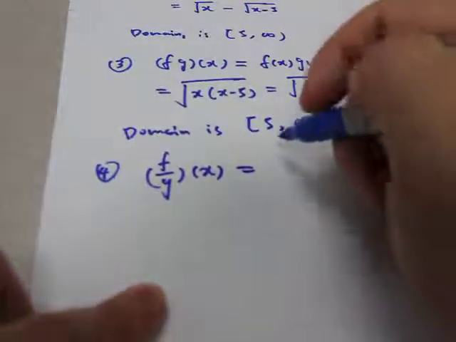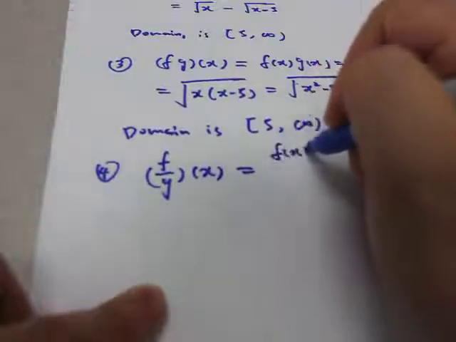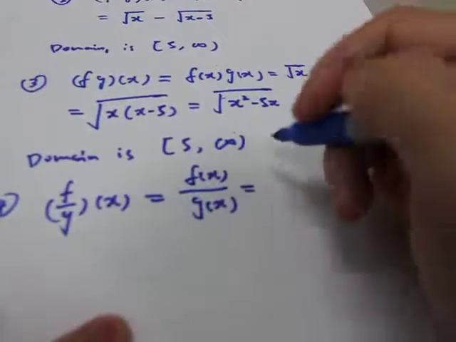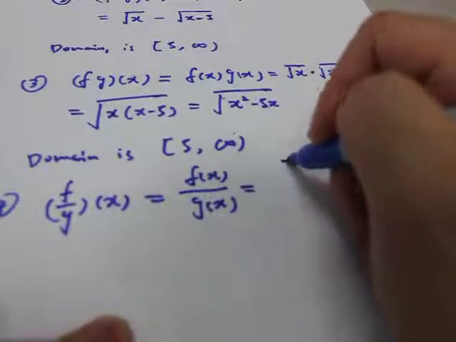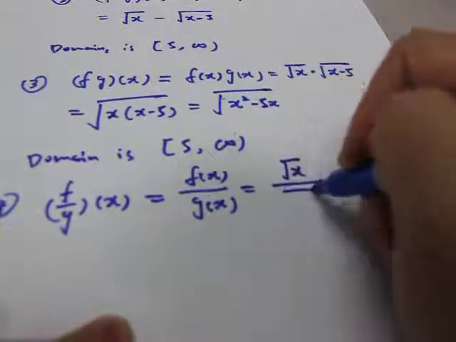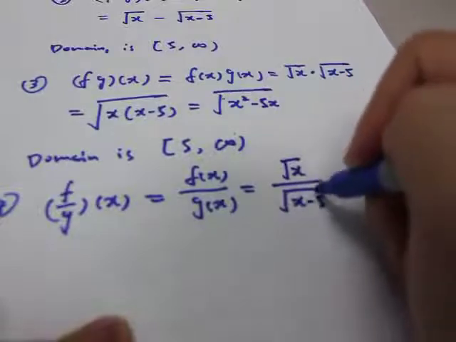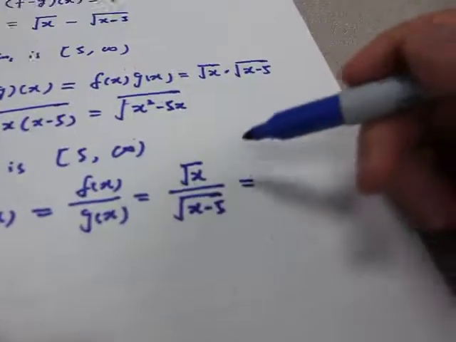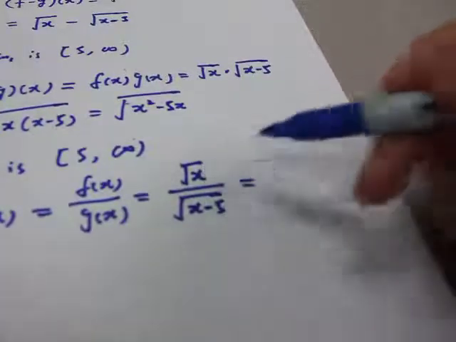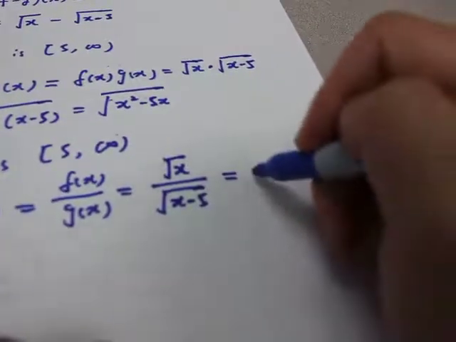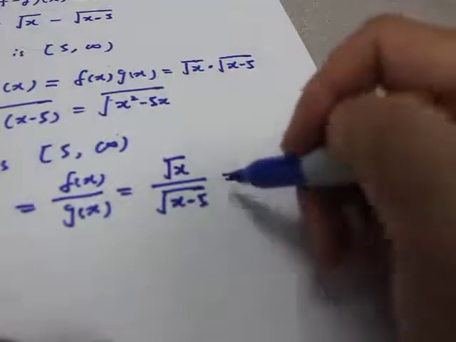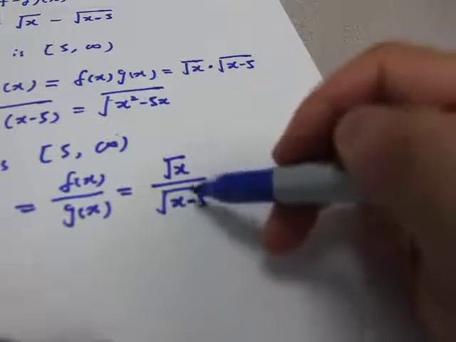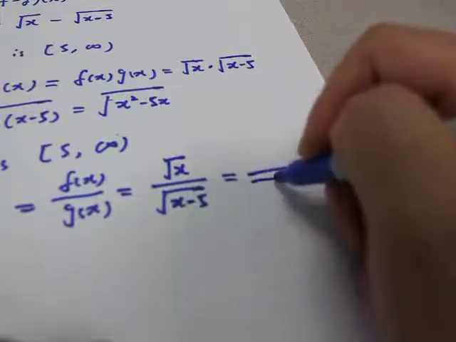Now the last one is the quotient function, and the quotient function is f(x) over g(x), and this is the square root of x over the square root of x minus 5. And if we rationalize this expression, we multiply the numerator and the denominator by the square root of x minus 5.